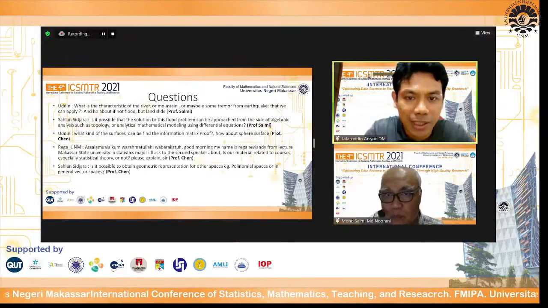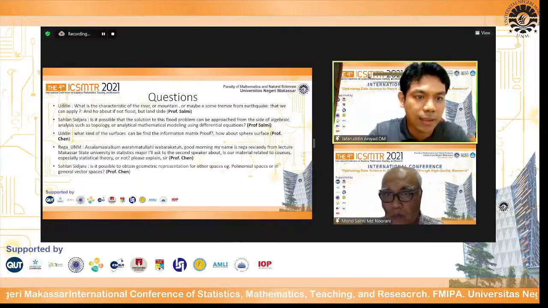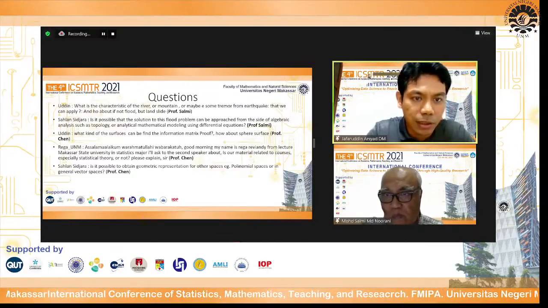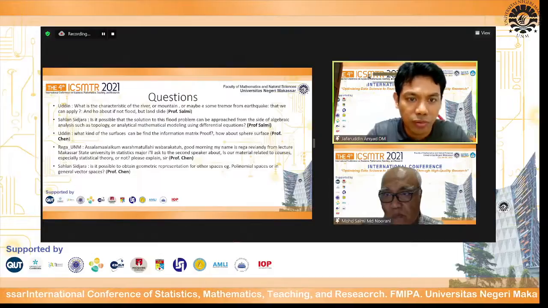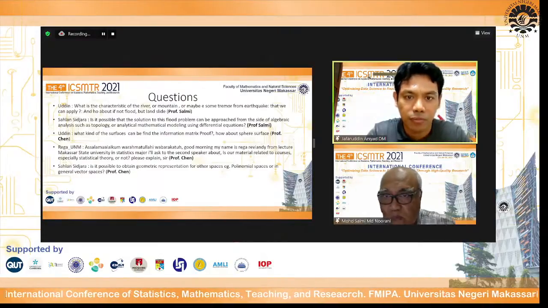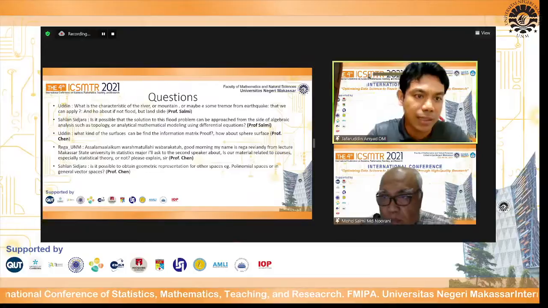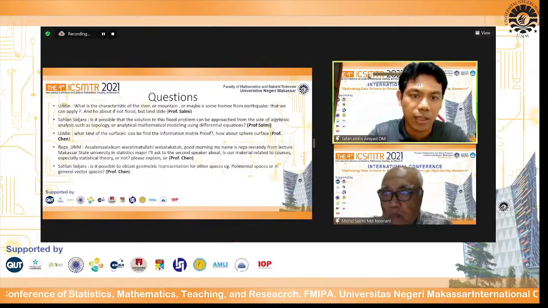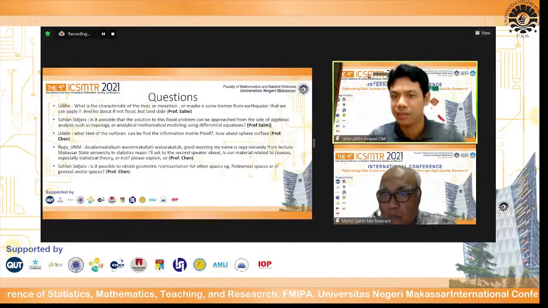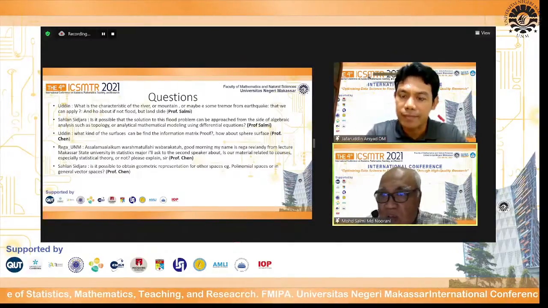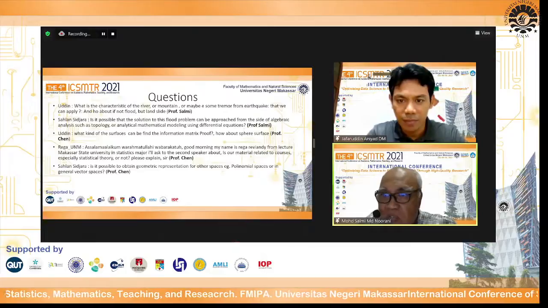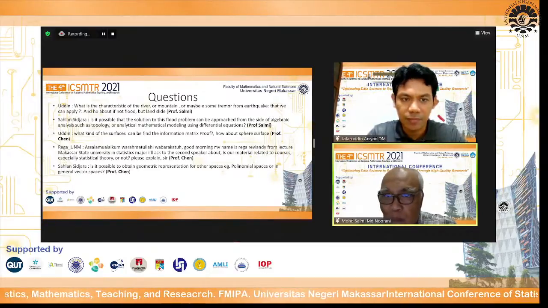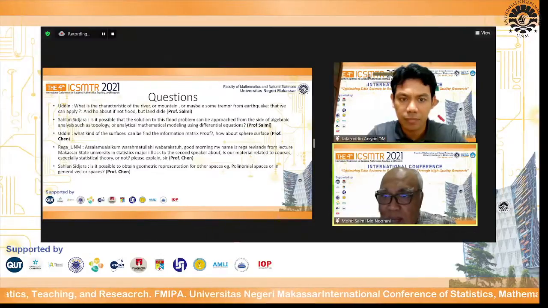And the second question is from Sahlan. Is it possible that the solution to this flood problem can be approached from the side of algebraic analysis, such as topology or analytical mathematical modeling using differential equations? Yes, of course. Differential equations and partial differential equations have been used a long time ago in studying flow, flux, and things like that.